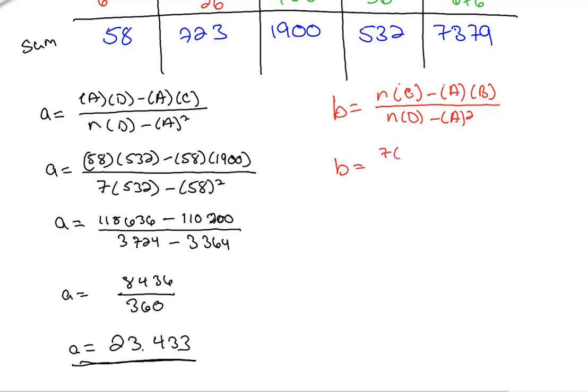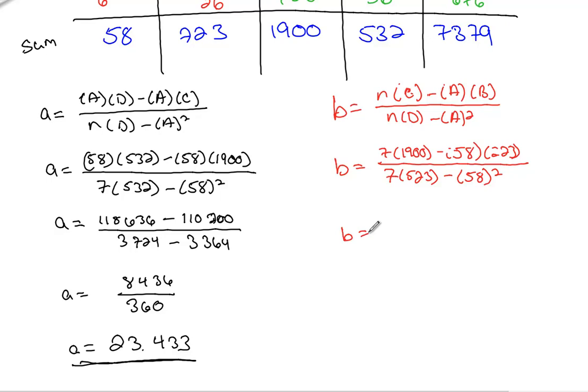So I have 7 times 1,900 minus 58 times 223 divided by 7 times 523 minus 58 squared. Again, I'm going to do the multiplication first.